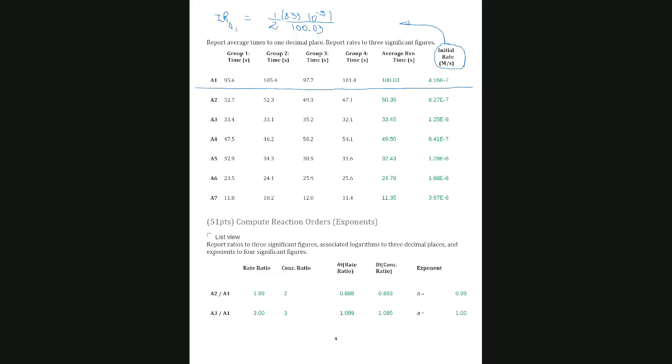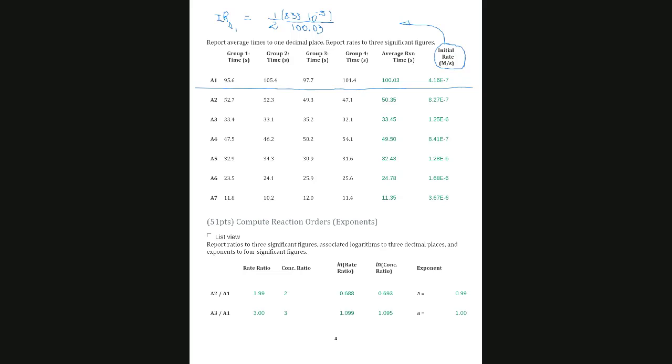So for this example, you got 4.16 e to the negative 7 because you did 1/2 times the molarity of S2O3, right? Right.